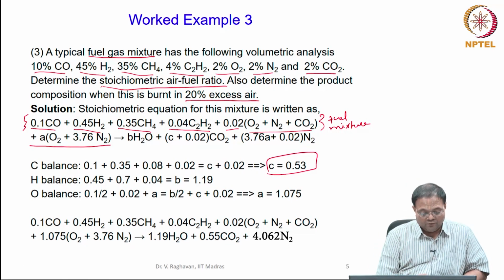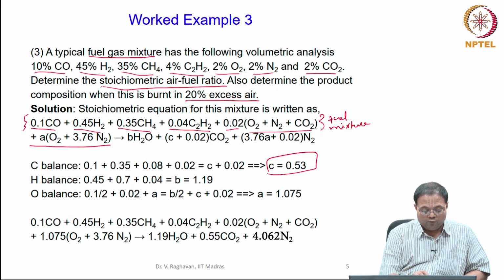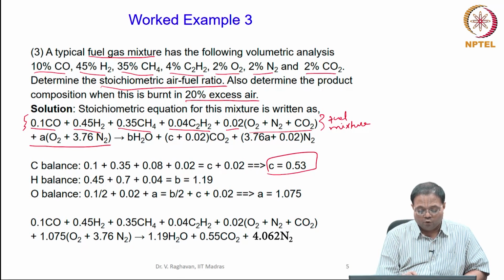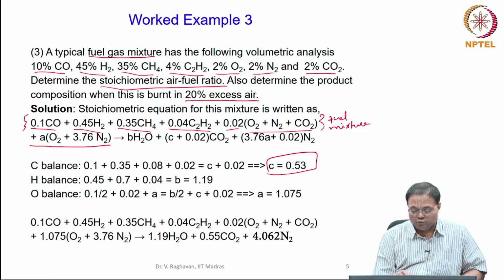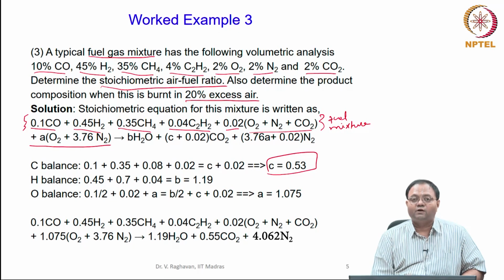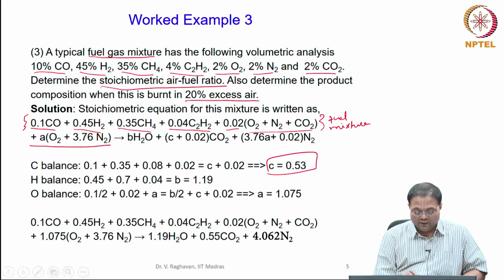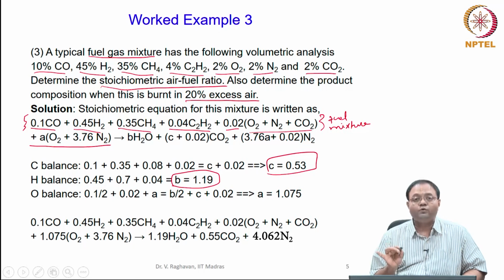Now the H balance: H2 is 0.45, then CH4 is 0.35 into 2 is 0.7, plus C2H2 has 0.04 on the left hand side, and on the right hand side B. Solving this, you get B as 1.19.